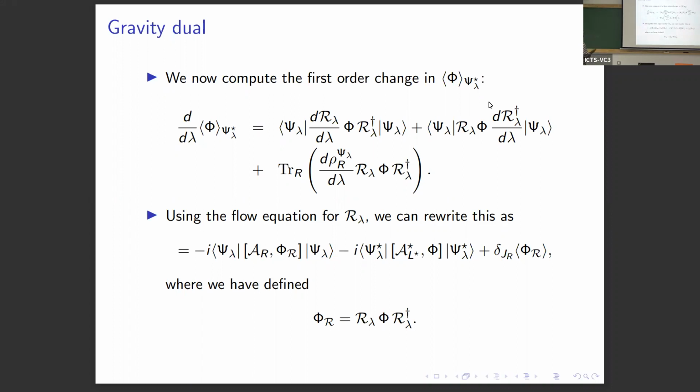And since we have explicit formulas for the modular Berry connections, we can sit down and try to compute each one of these terms. The last term just measures how the 1-point function of this phi operator changes under a change of the state. But the first 2 terms are computed using these modular Berry connections.